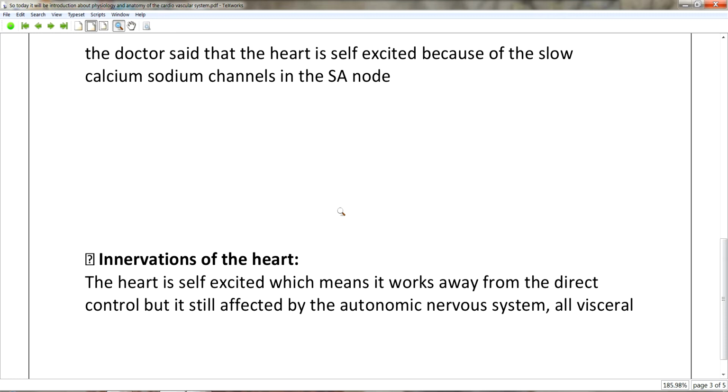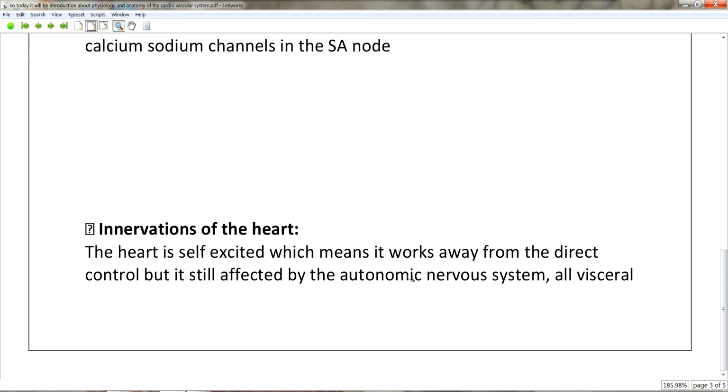The second topic is innervation of the heart. The heart is self-excited, which means it works away from the direct control, but it is still affected by the autonomic nervous system. Autonomic means involuntary.